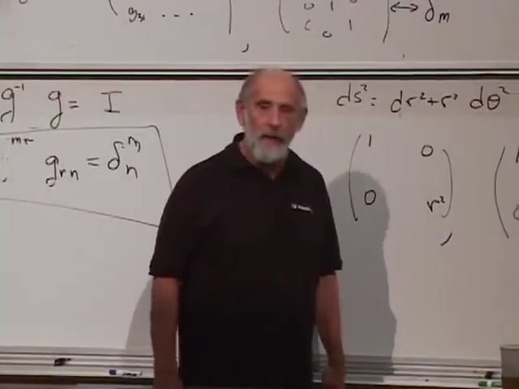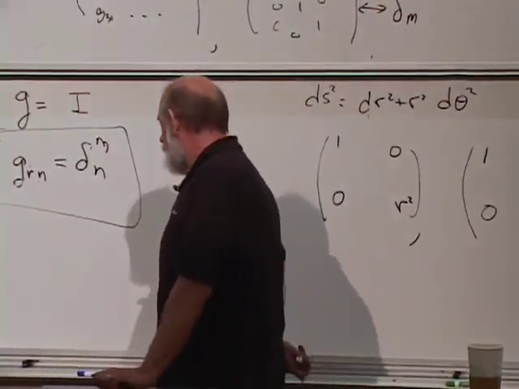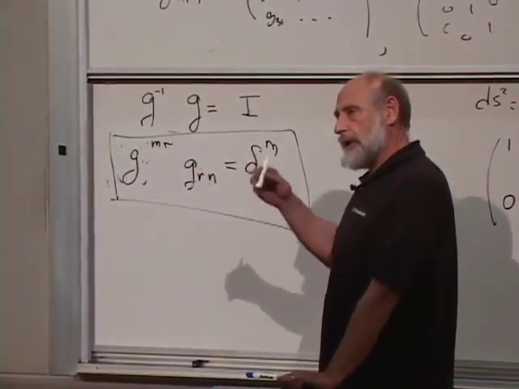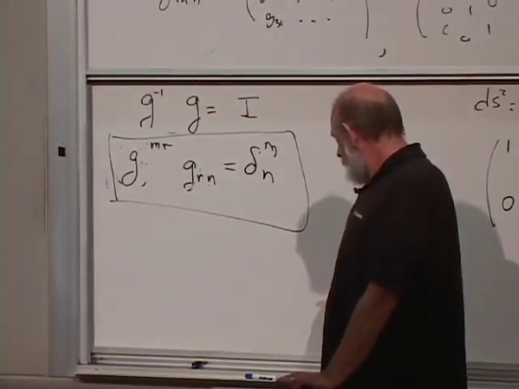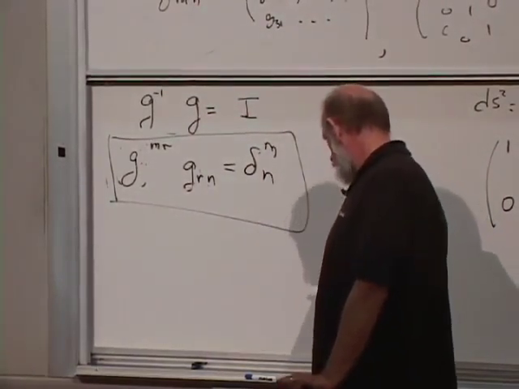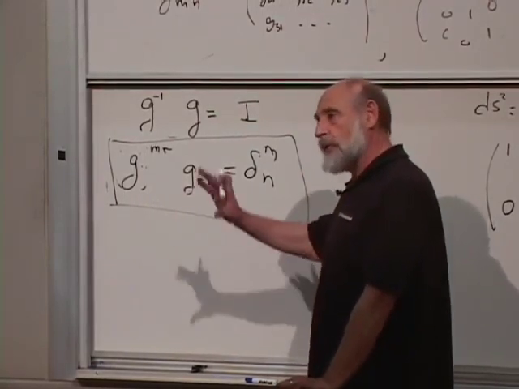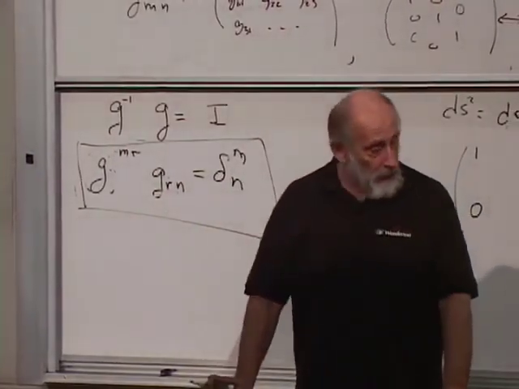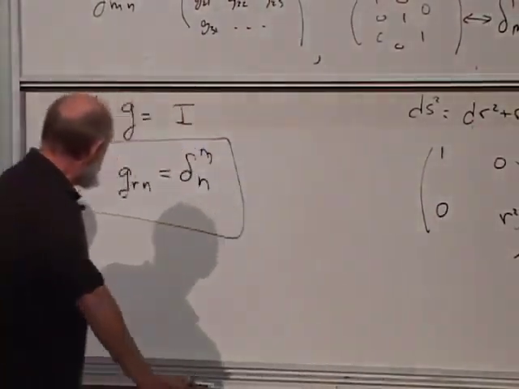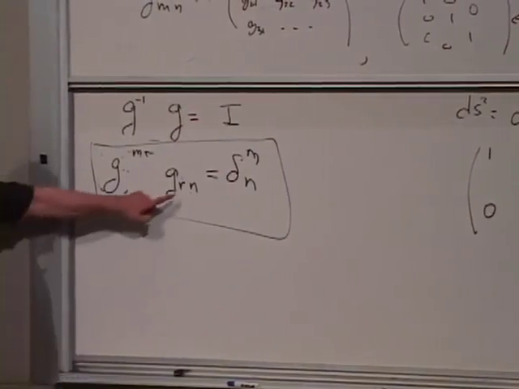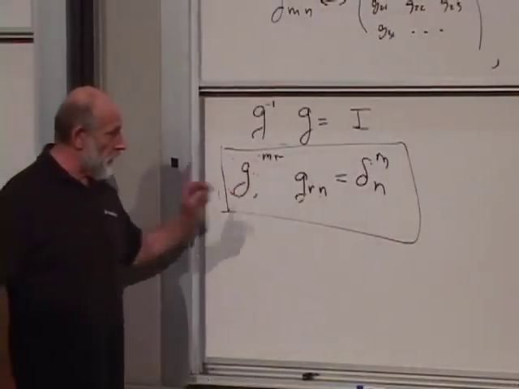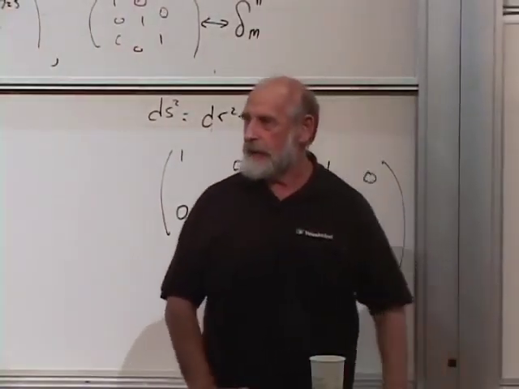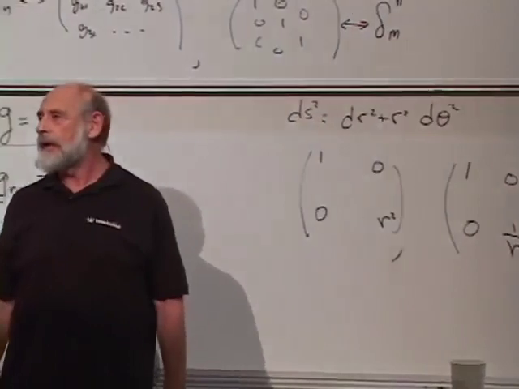It follows from the fact that G is symmetric and that there are no directions in which the vector has no length at all. There are no zero eigenvalues of the metric. Right, but that's a good question. It's a fair question. Let's just take it as a rule that the metric tensor always has an inverse. And we'll see, I'll come back to it. I'll prove it for you another day. I hadn't thought about it, but it's an easy thing to prove.